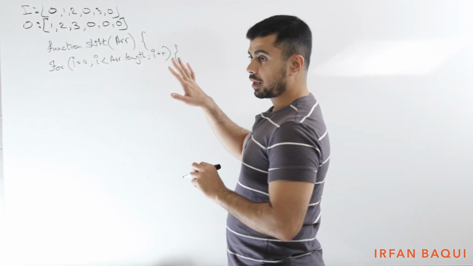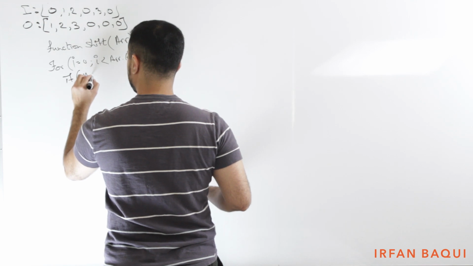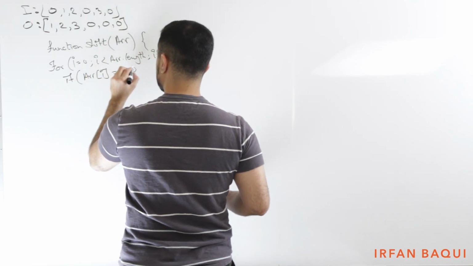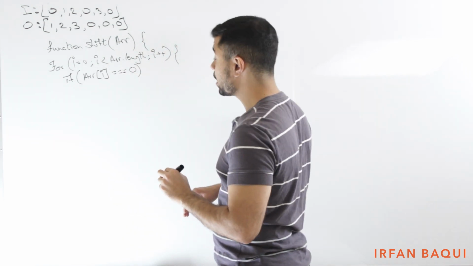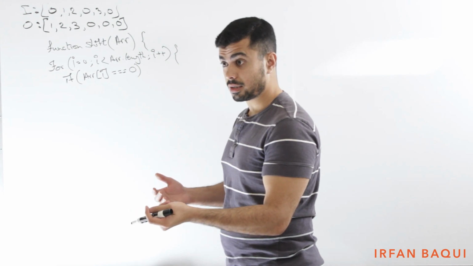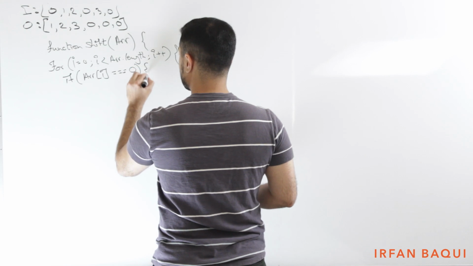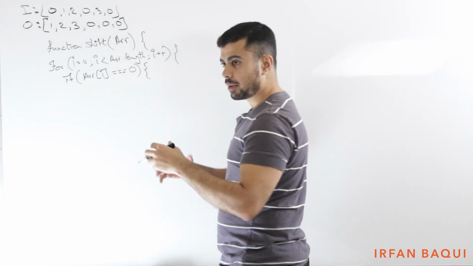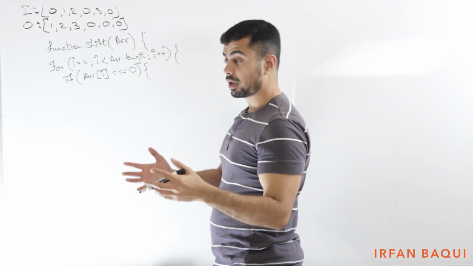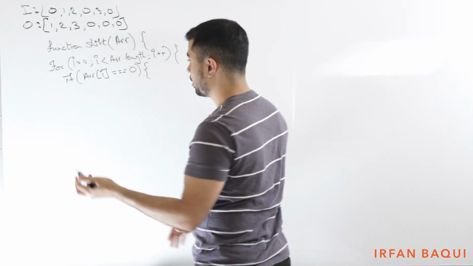So if I encounter 0, so let's say if array[i] equals 0, then what do we do? We first of all find the next non-zero integer in the array. So let's say I encapsulate that function and I'll implement it later. Let's assume I have a function that finds the next non-zero integer.